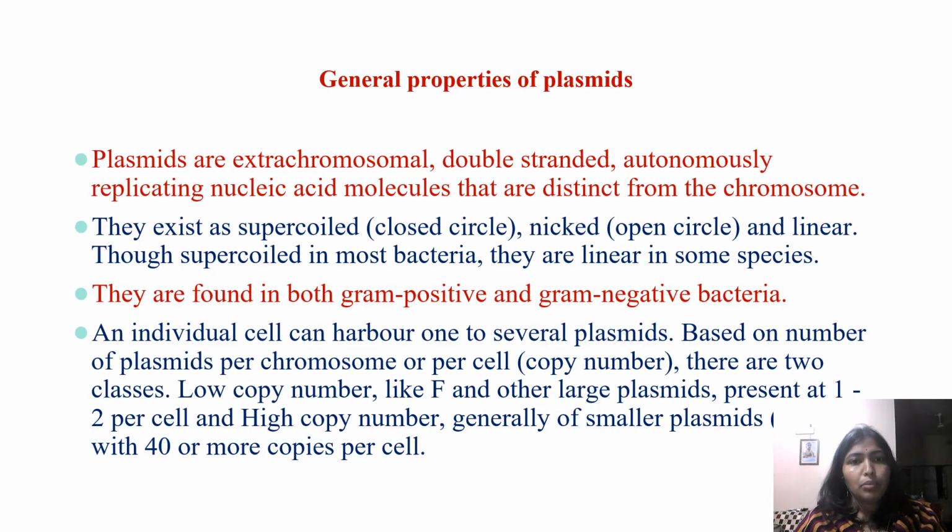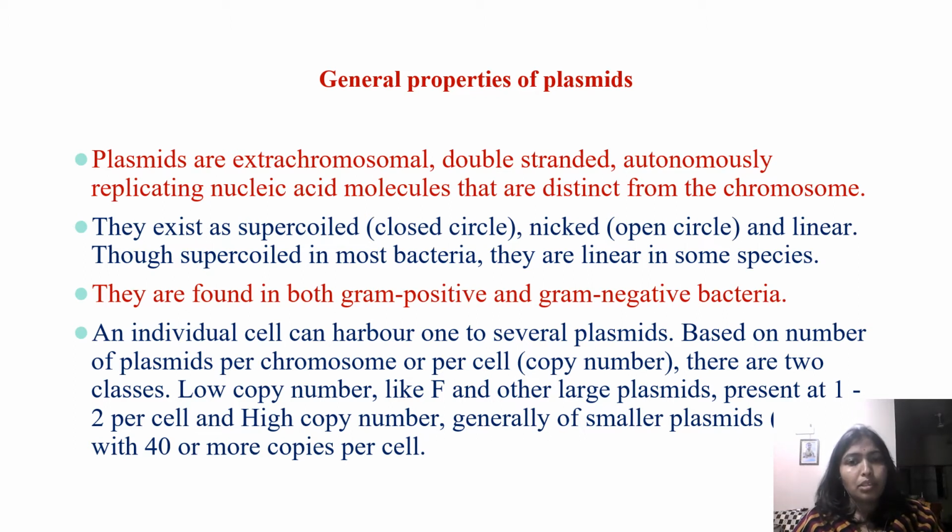So, general properties of plasmids. Plasmids are extrachromosomal, double-stranded, autonomously replicating nucleic acid molecules that are distinct from the chromosome, and they exist supercoiled. I have already shown you the photos; that is a closed circle, you can say. Nicked open circle is also there, and also linear.